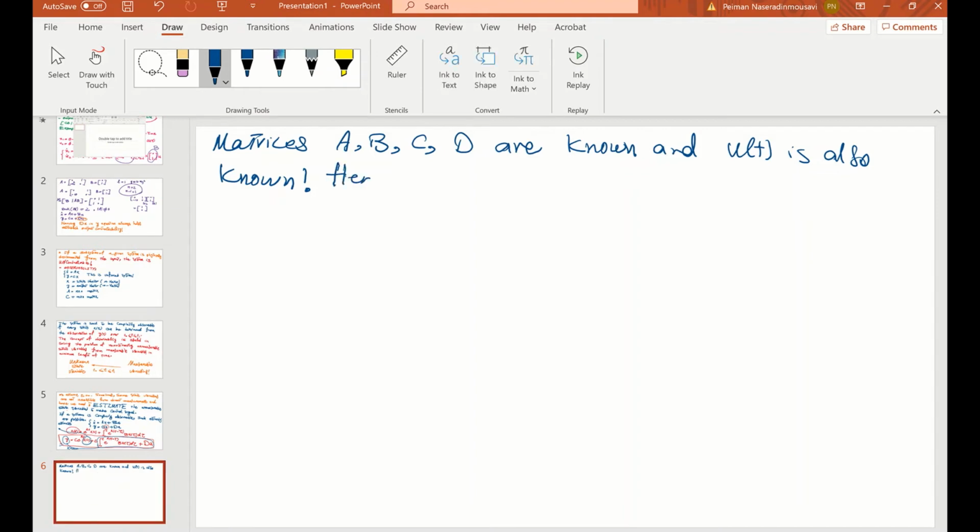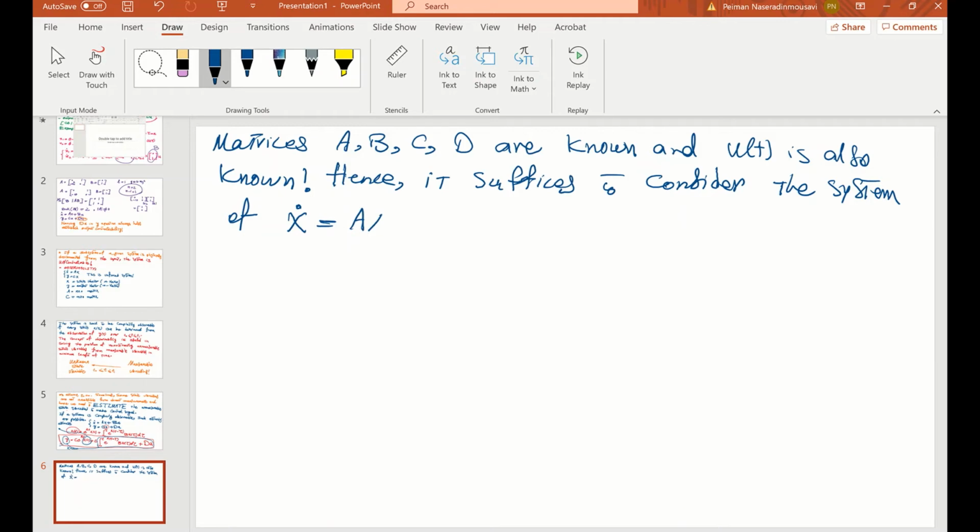Hence, it suffices to consider the system of x dot is equal to Ax and y is equal to Cx, because Bu and Du are known, so only those involving the state variables that we want to estimate are these.